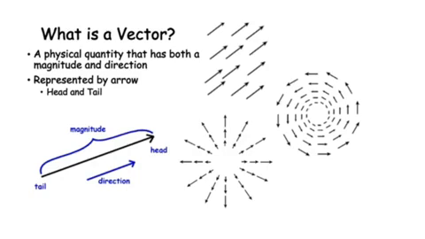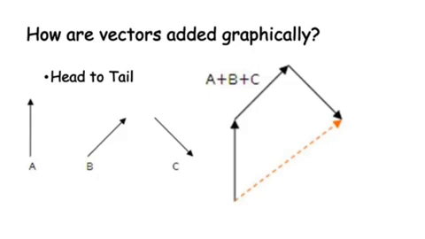It has a head and a tail, and if you are adding vectors, you always add them from head to tail. So if I had a second vector here, I would make sure that I drew it off the head of that one. So head to tail of the next. Okay?